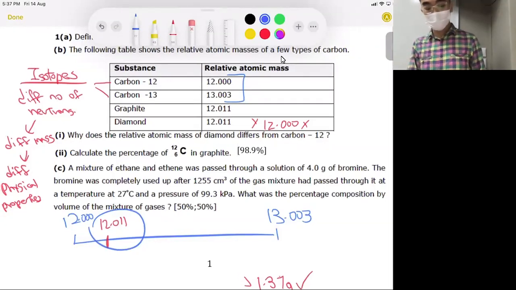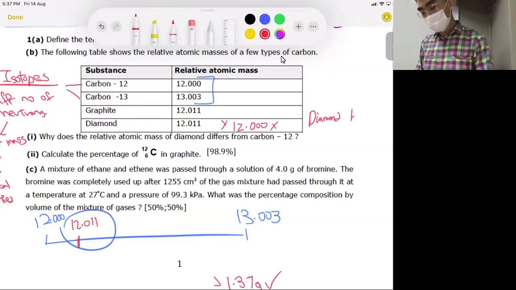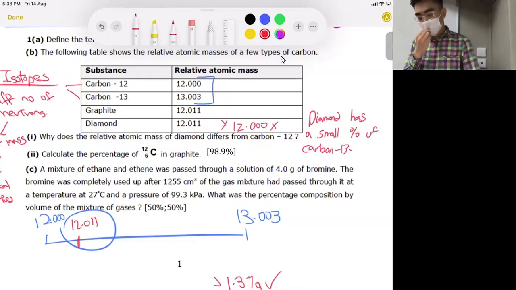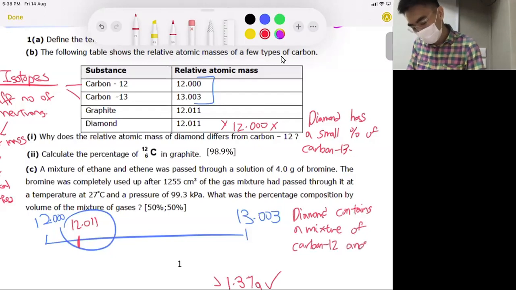So the best answer you can give me is that diamond has a small percentage of carbon-13. The not so good answer, which is also acceptable, is that carbon contains a mixture of carbon-12 and carbon-13 isotopes.